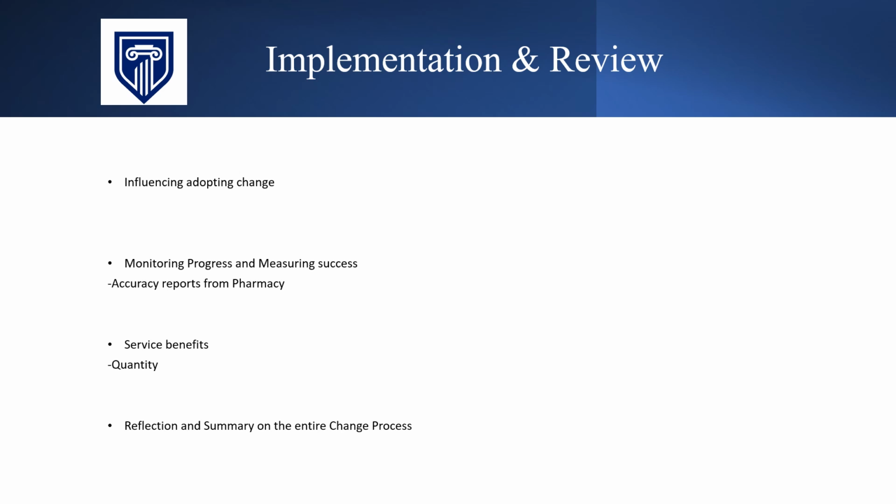I will monitor the progress, and how I will measure success would be I would get pharmacy to pull reports to check for accuracy, again stating that I would check for the nurse and the medication, and make sure there was an active order prior to it being pulled.